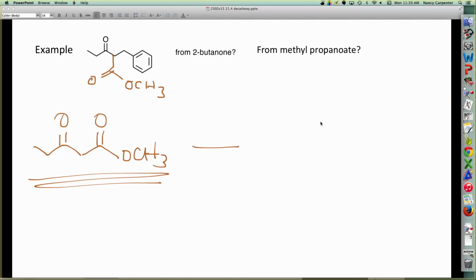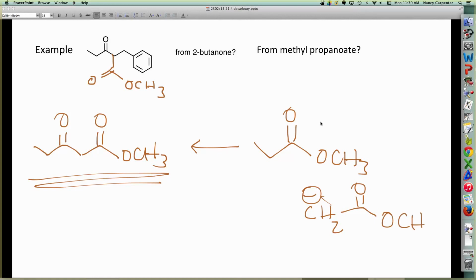So I could make that from this, which is methylpropanoate, and this guy. Whoa, that's an interesting line. Which is methyl acetate. So it's still not beautiful, but what you want to think about in these examples of using these active methylene compounds is that, you know what, they can all be made by Claisen condensations.